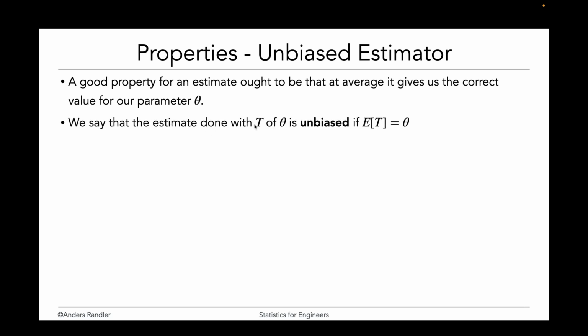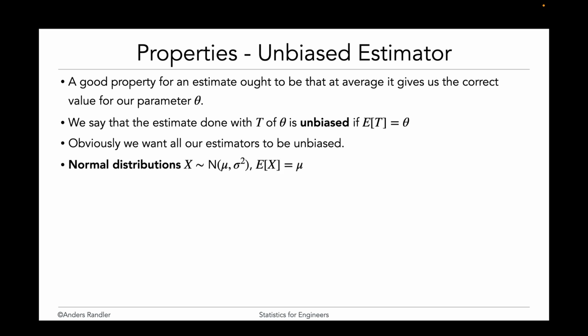We say that if the expected value of our estimator is actually the theoretical value of theta, then it's unbiased, which is good. It means it points towards the value we want it to point towards. Obviously, we want our estimate to be unbiased. So in the normal distribution, we know that the expected value of x is mu.